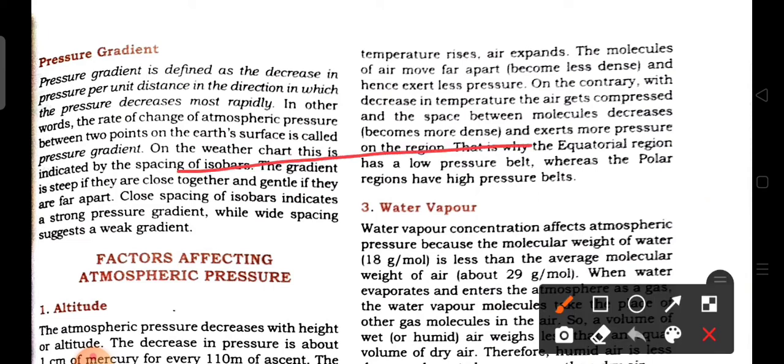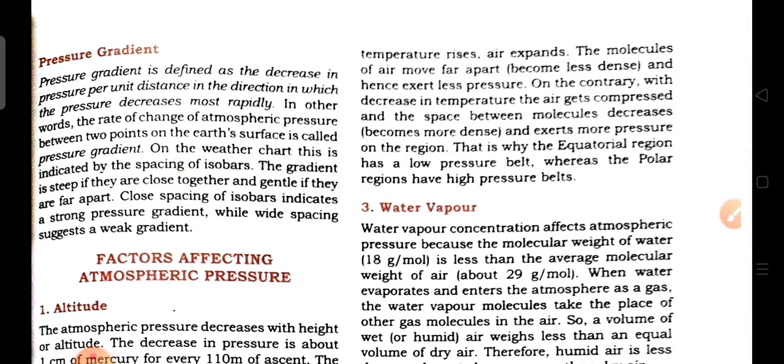As we know, the equatorial region, that is 0 degree latitude in both north and south, experiences a high temperature which creates low pressure, and the polar region experiences high pressure, because there prevails the lower temperature.